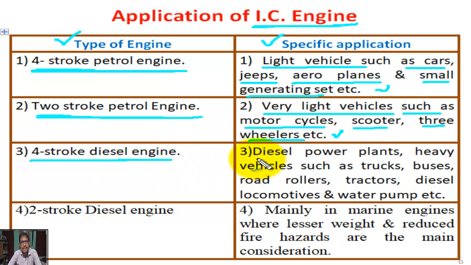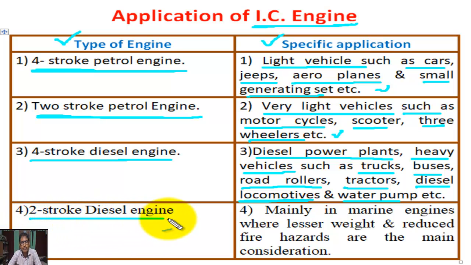Specific application of the 4-stroke diesel engine: diesel power plant, heavy vehicles such as truck, buses, road roller, tractor, diesel locomotives, diesel train, water pump, etc. Number 4, 2-stroke diesel engine.